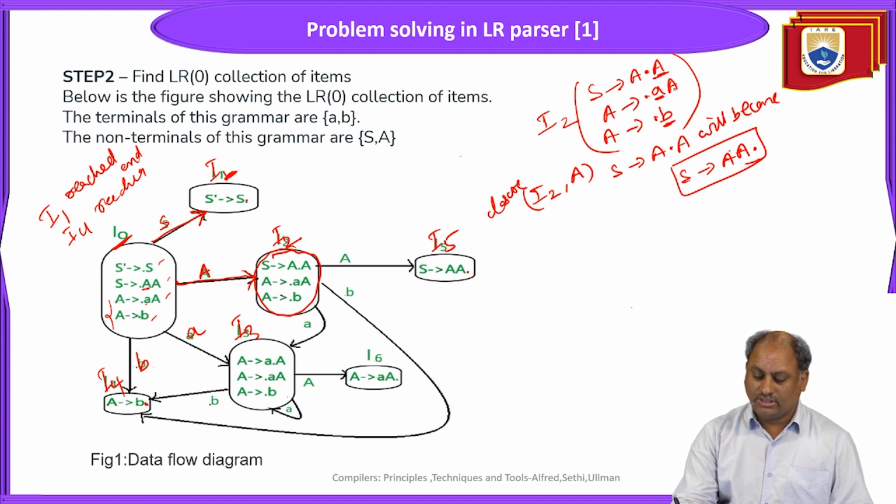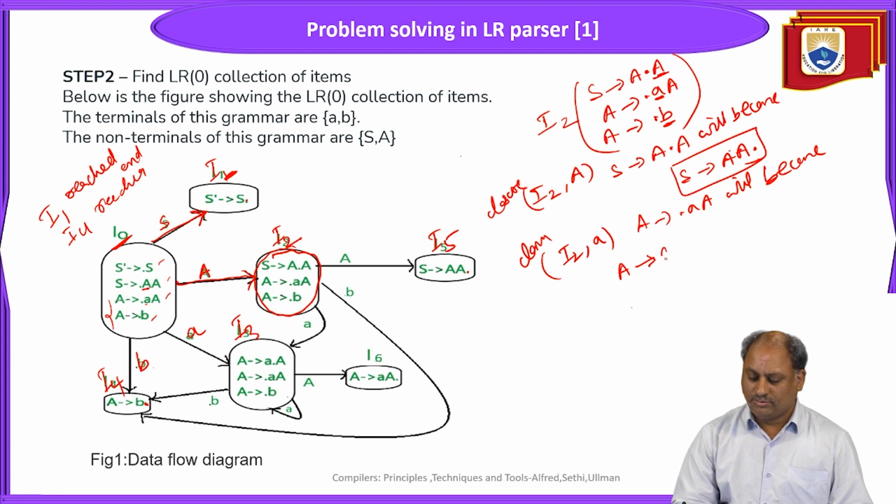Whereas if you consider the same I2 with the next one, small a, and perform the closure operation, the possible production is A derives small a dot A. Here after the dot, the variable that appears is A, so the productions are still required.